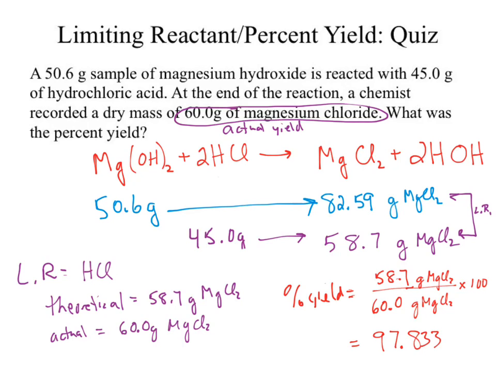It'd be 97.8%. Why? 3 sig figs through our calculations. So we end up with 97.8% yield. And I do see your hand over there, just give me a sec. Percent yield of our magnesium chloride.